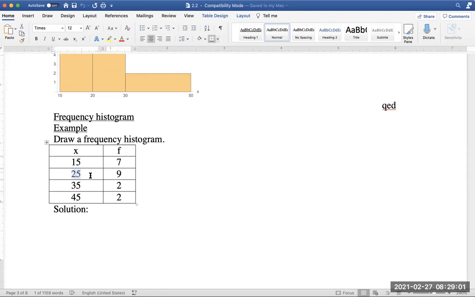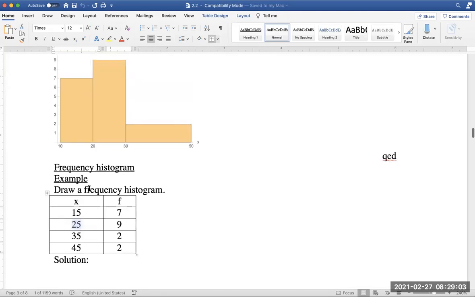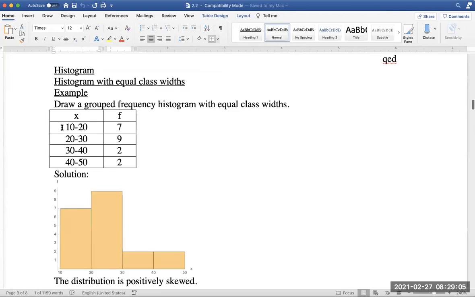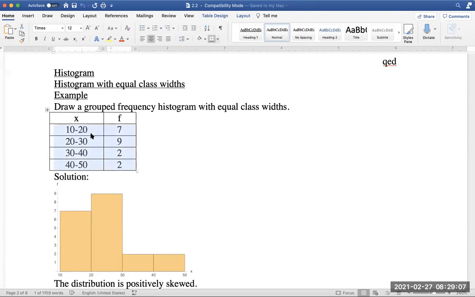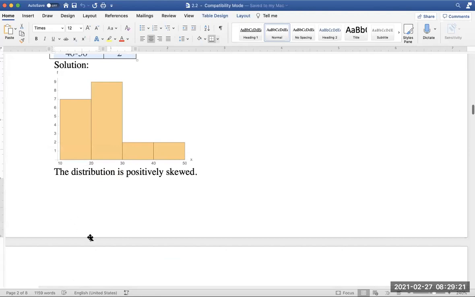Notice that the class marks are 15, 25, 35, 45, with these same frequencies.